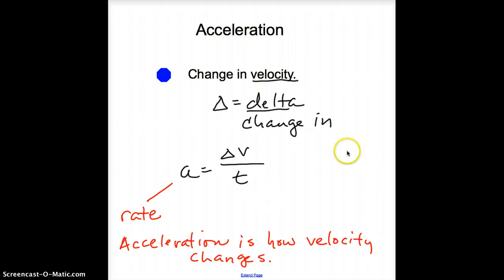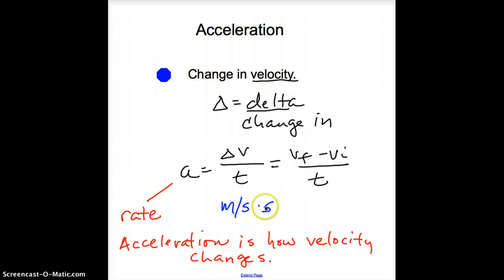Alright, back to the formula. If I have a change in, that also means this, that it's final minus initial. So I have a final velocity, I have an initial velocity, I subtract those two, divide it by the time, and that will give me my acceleration. My units for acceleration, most of the time our standard unit is meters per second, second times second.